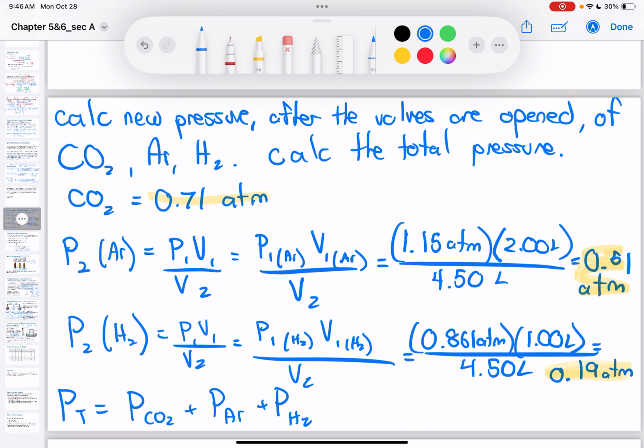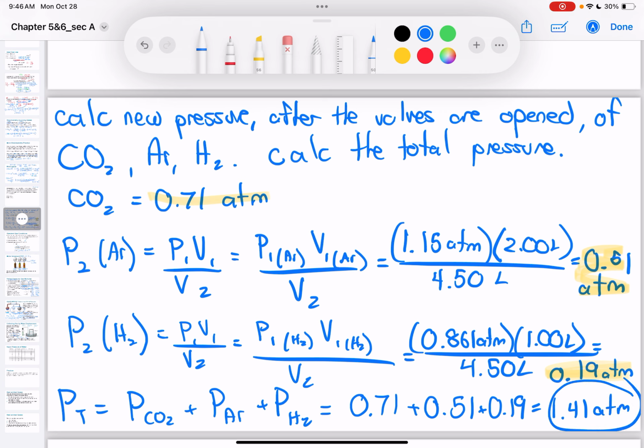Okay, so for our total pressure, the first part is knowing that the gases aren't going to be interacting with each other, and so we can treat them separately and just do a P1 V1 equals P2 V2 for each individual gas, and then for the total pressure, we can just add those together. So 0.71 plus 0.51 plus 0.19 for a new total pressure of 1.41 atmospheres.